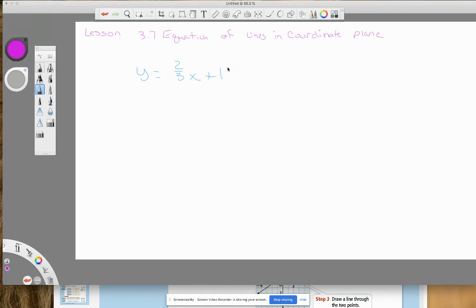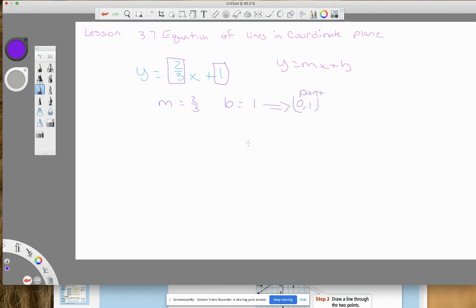This is in slope-intercept form, which is y equals mx plus b. And what do we know about y equals mx plus b? We have a slope. So we know m is 2/3, and we have a b, or the y-intercept, at 1. Remember, the y-intercept is a coordinate where x is always 0. So technically, it's the coordinate 0, 1.